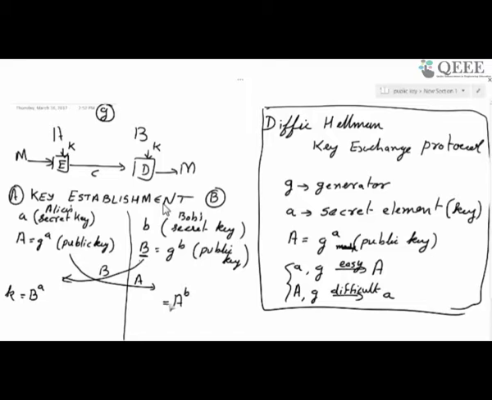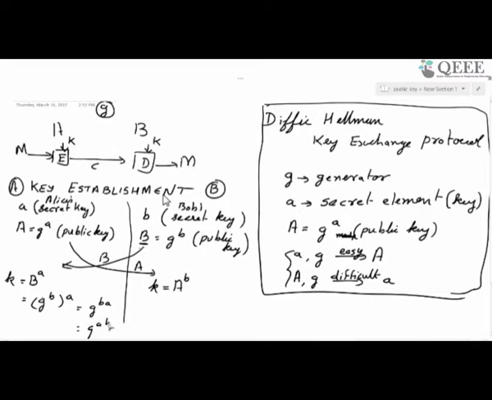We will now show that capital A to the power of b is equal to capital B to the power of a, which is equal to K. In order to see this, first of all, substitute B as G to the power of b, to the power of a, which is equal to G to the power of ba, which is equal to G to the power of ab.